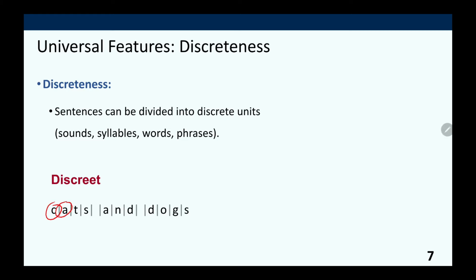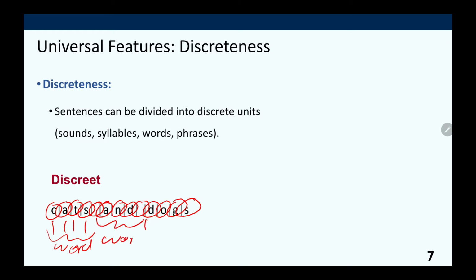So we have C, A, T, S, a space, an A, an N, a D, another space, a D, an O, a G, an S, etc. So these are discrete units. We have individual units that together make another unit. So here we have a word, and here we have a word, and here we have a word.